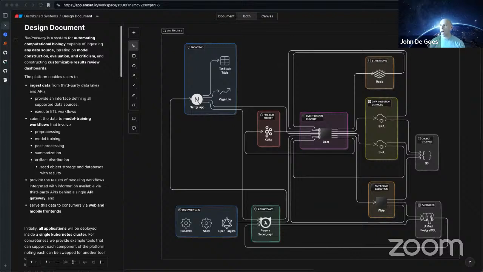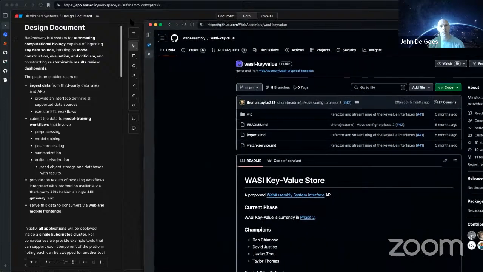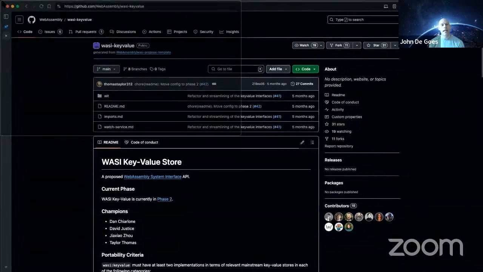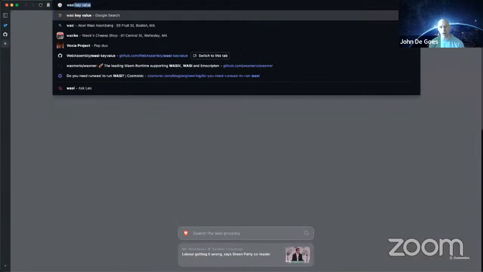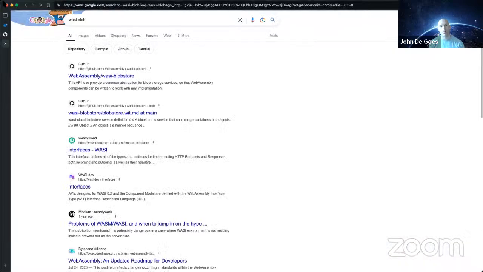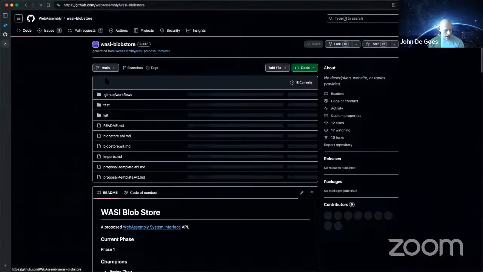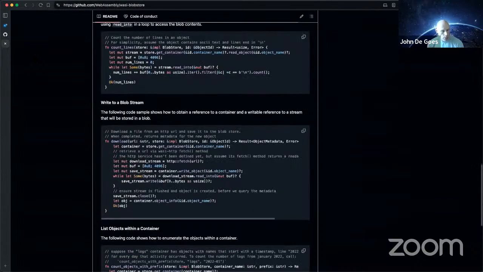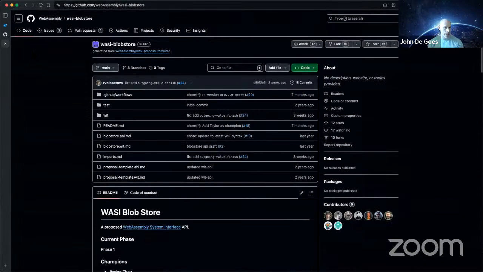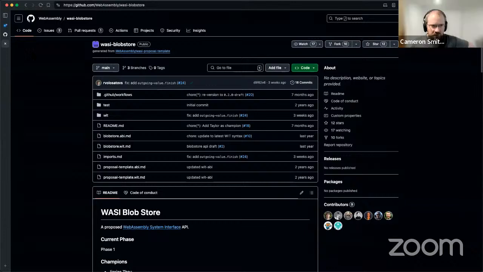And then there's WASI blob, which is similar for blob storage. And there is one for SQL as well, but that's not in a good shape. That's very early stage right now. The other ones are further along. And Golem actually supports WASI key value and WASI blob out of the box. There is something actually for Q as well.